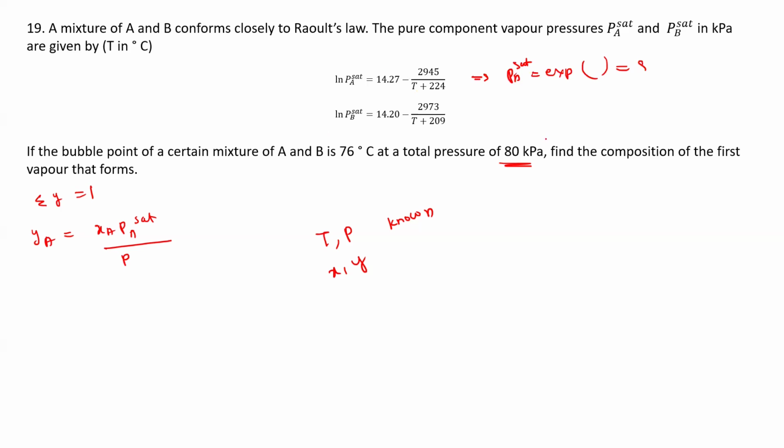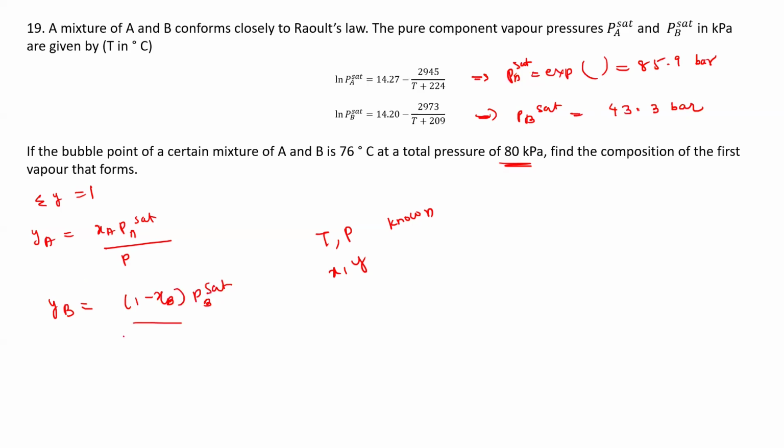And from here also, PB sat is given by 43.3 bar. Okay, right. And YB equals XB, which can be expressed as 1 minus XA, into PB sat by P.